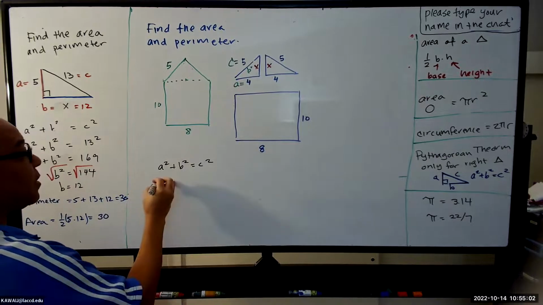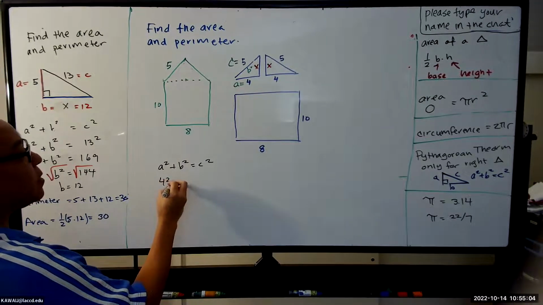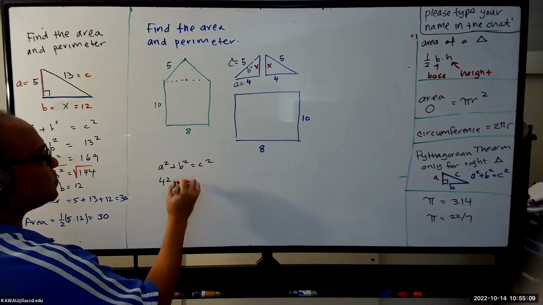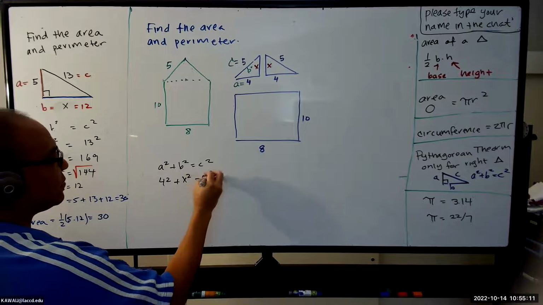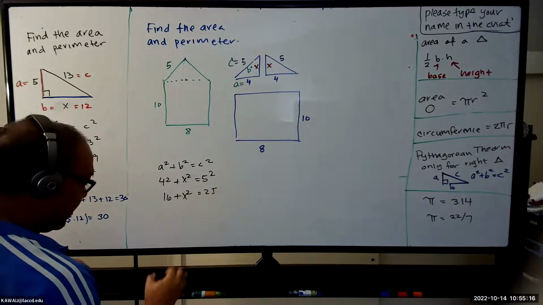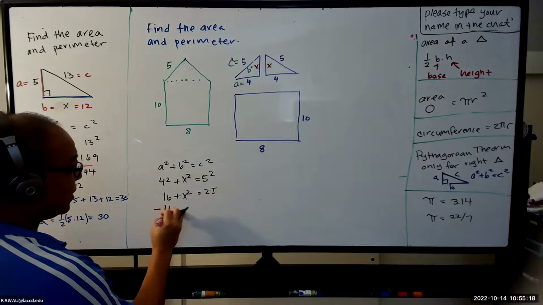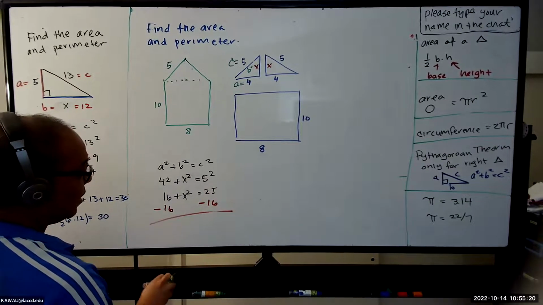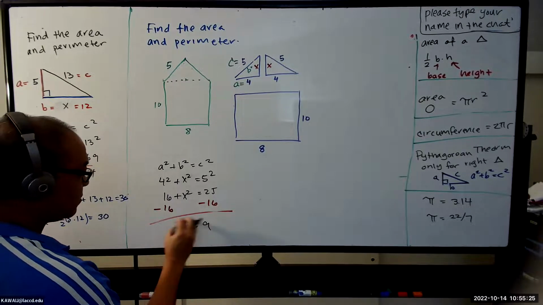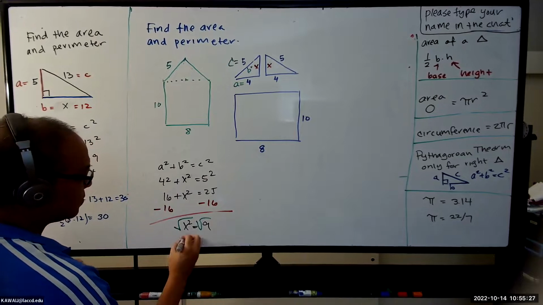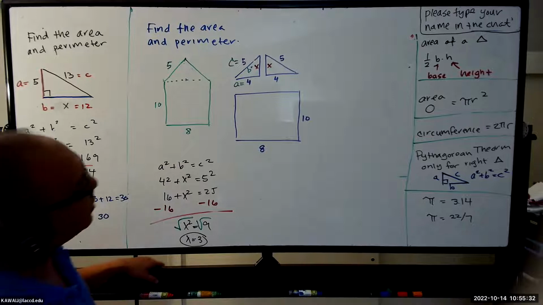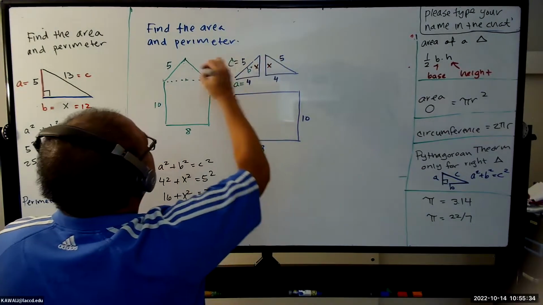So we have 4 squared plus x squared is equal to 5 squared. So 16 plus x squared is equal to 25. And then you subtract 16, and we get x squared is equal to 9, and then you square root. Okay. So now we have this is equal to 3.